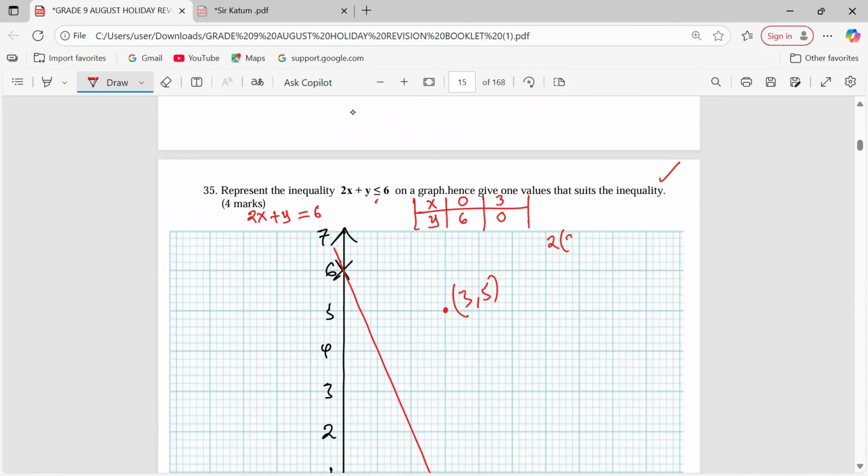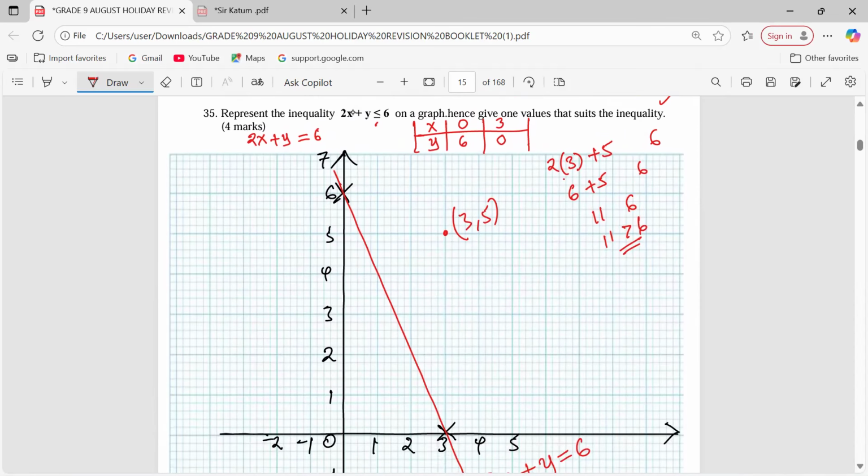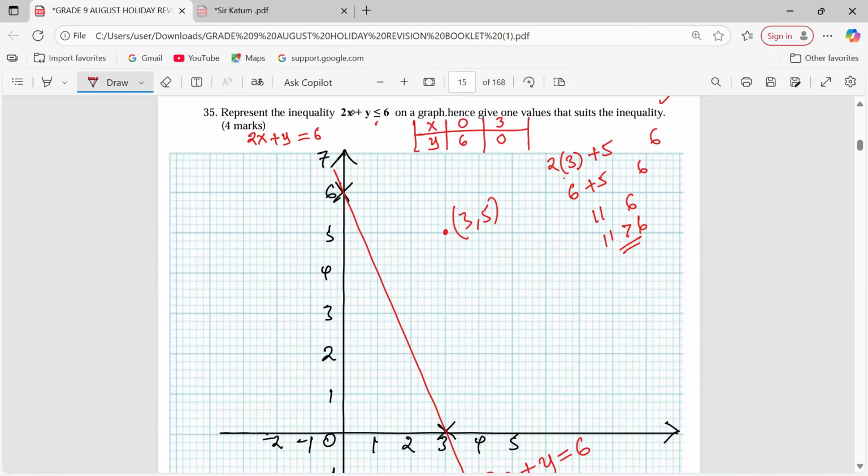So 2x is 6, plus y, which is 5. This is 11 and 6. How is 11 related to 6? 11 is greater than 6. If 11 is greater than 6, but the inequality used is less than, then this is not the required side. The required side is the opposite. So this is the side that we don't need. We shade it out.